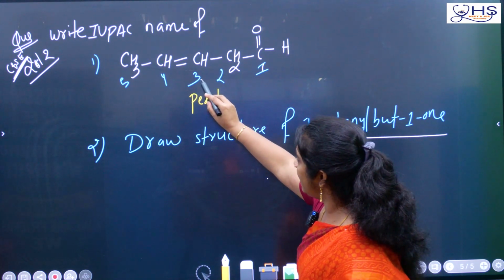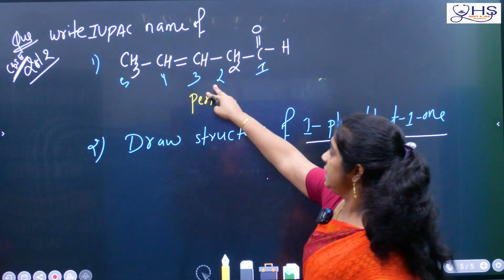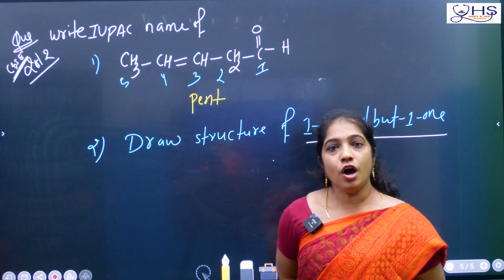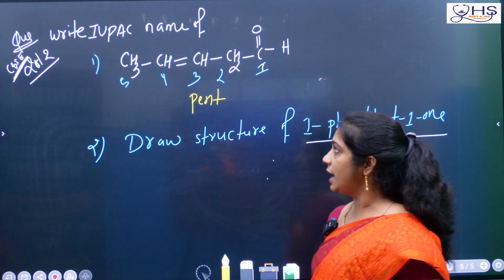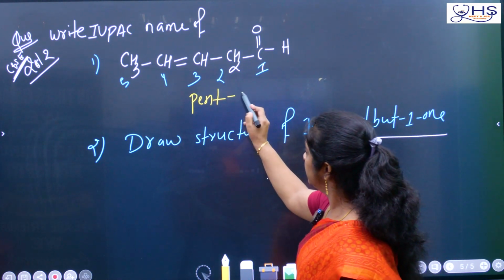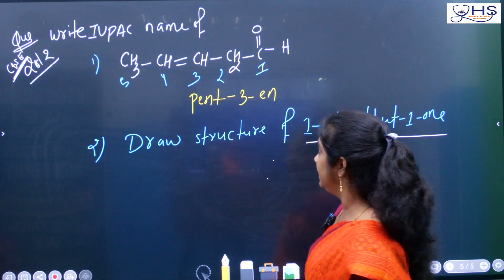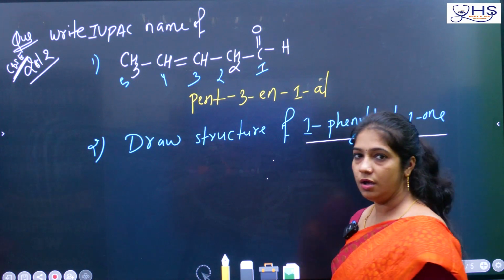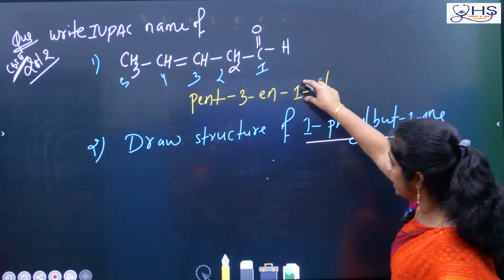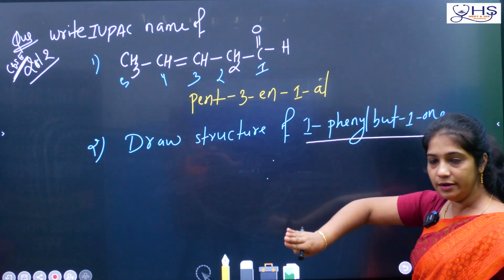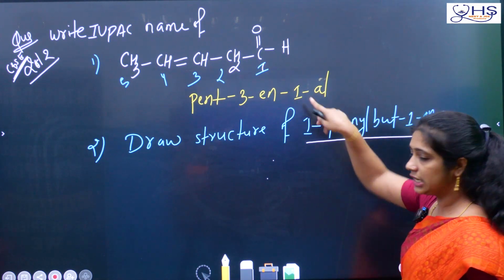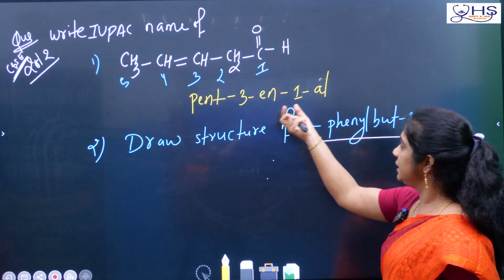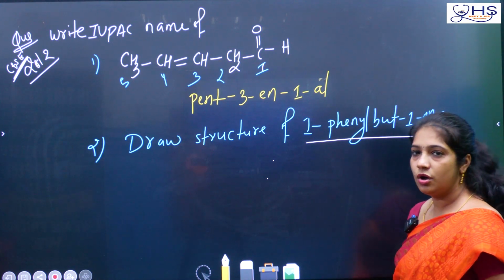You may get confused: 3 and 4 positions both have the double bond, but always the first number is given while numbering. So pent-3-en, and on the first position we have the functional group 1-ol. Or simply the first number you can avoid; other than the first we cannot avoid, but whether you write the first number or not is the same. You can write pent-3-en-ol, pent-3-en-1-ol also.